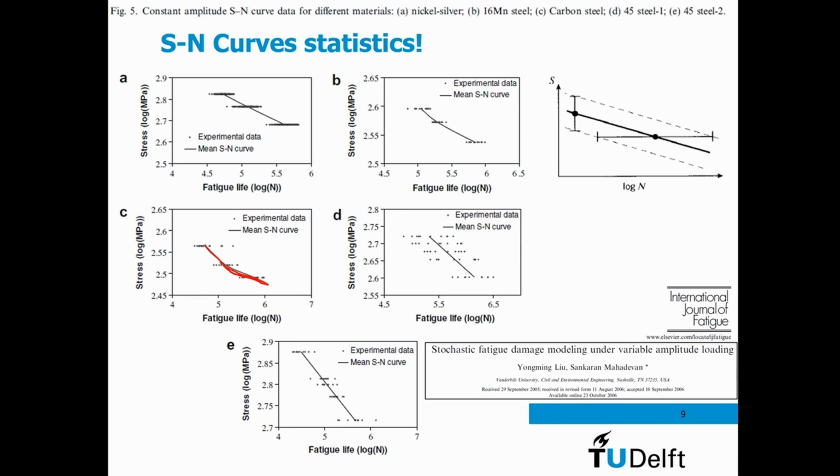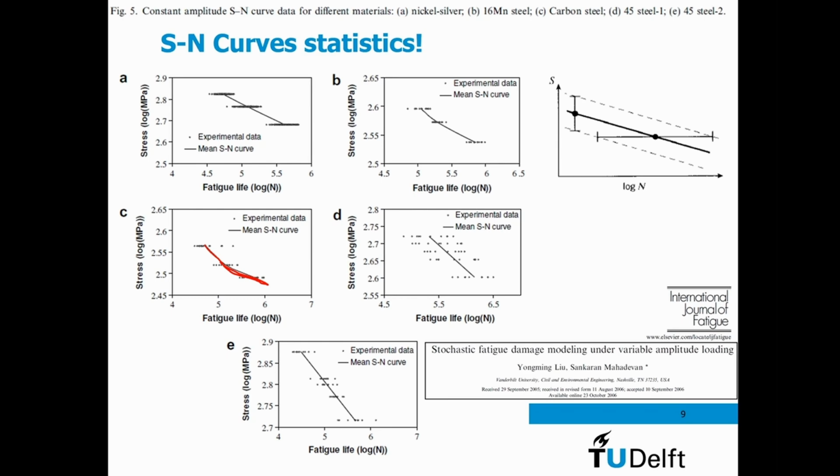If you make a bended line or something, that is as good a reproduction of reality as a straight line. And so standards in general use straight curves, but that is more out of convenience than that it is closer to reality. And then another thing you see here is that there is a huge variation.